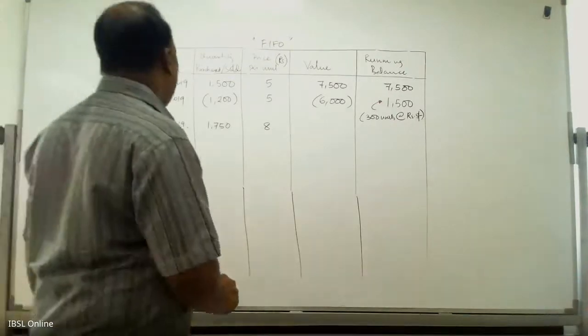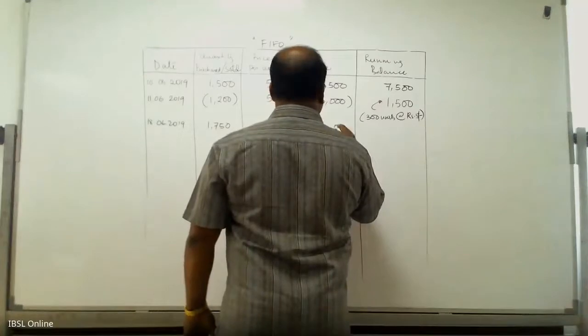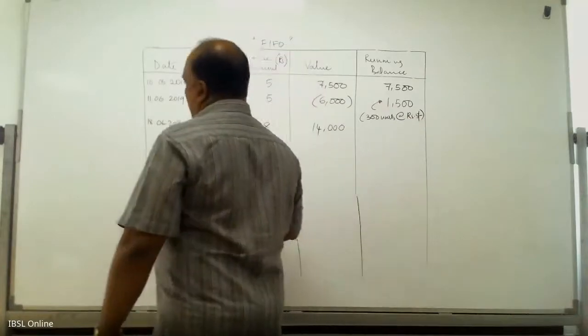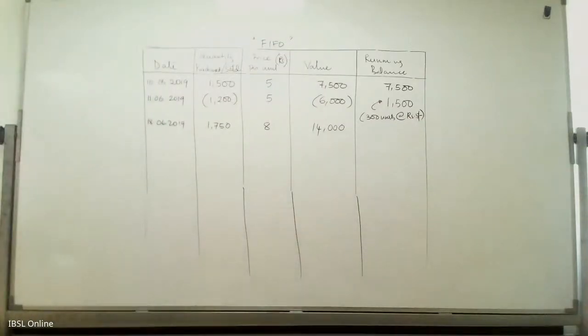So what is the value there? It is 14,000. The value of the stock that has been purchased is 14,000. Just check the calculation.